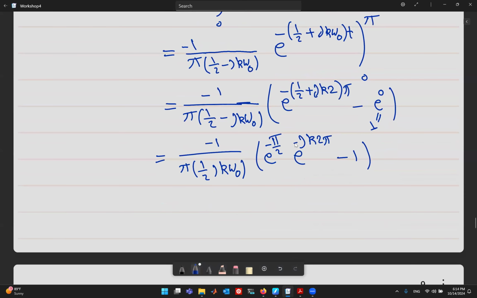And here it will become negative again. Now this one is just 1, right? Do you see it?